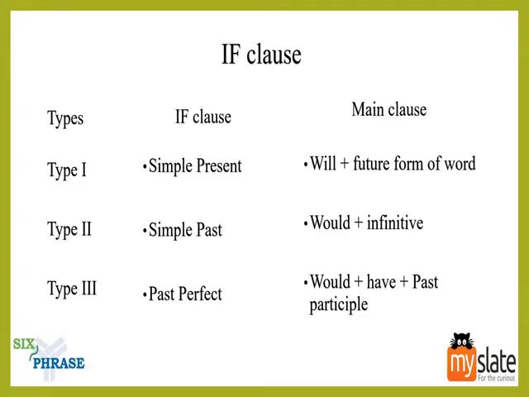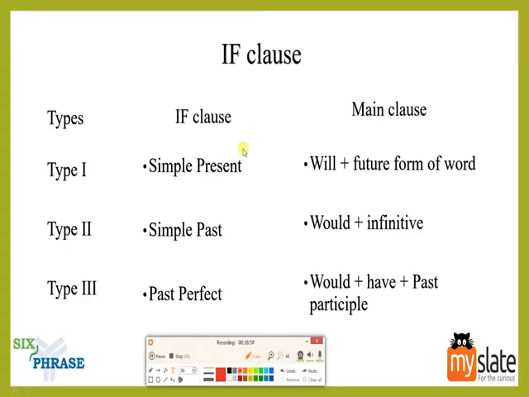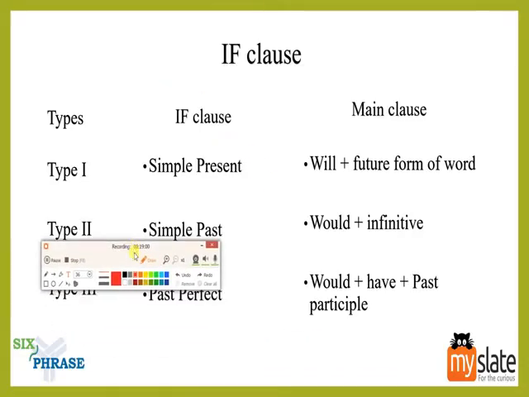In those 12 tenses, these three tenses, that is simple present, simple past and past perfect, are the ones which will come in the if clause, right? When these three tenses come in the if clause, the main clause will look something like this. For example, let's just write it down.